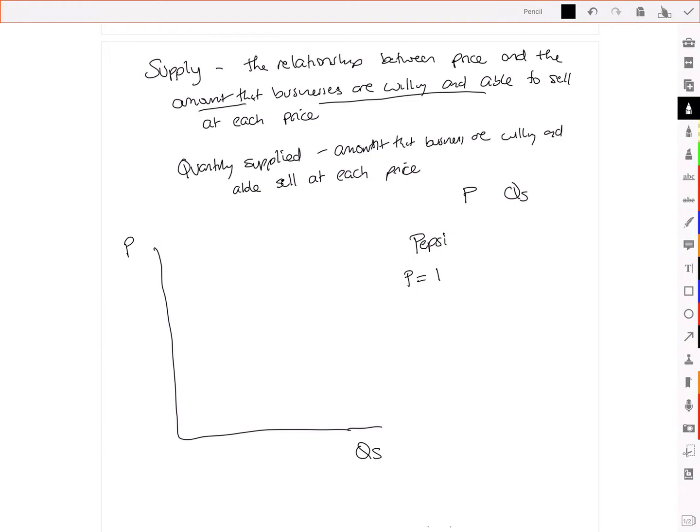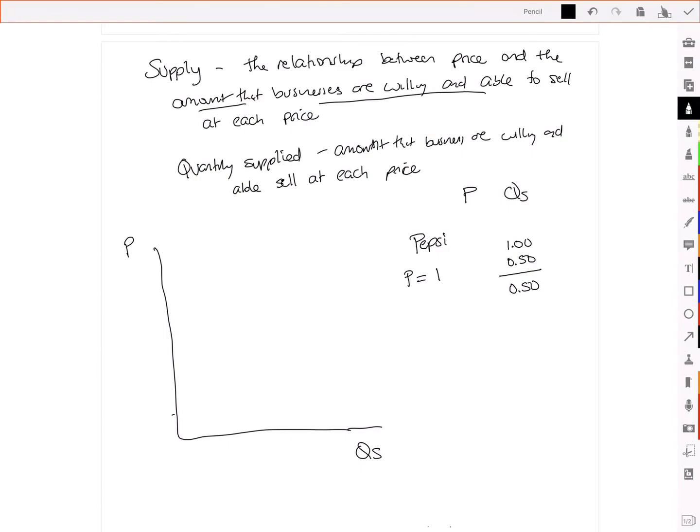Let's assume it's 50 cents to make a can. We're just assuming this for simple math, which means the profit they're making on each can, $1 minus 50 cents, is 50 cents. So they're making a pretty good profit margin here.